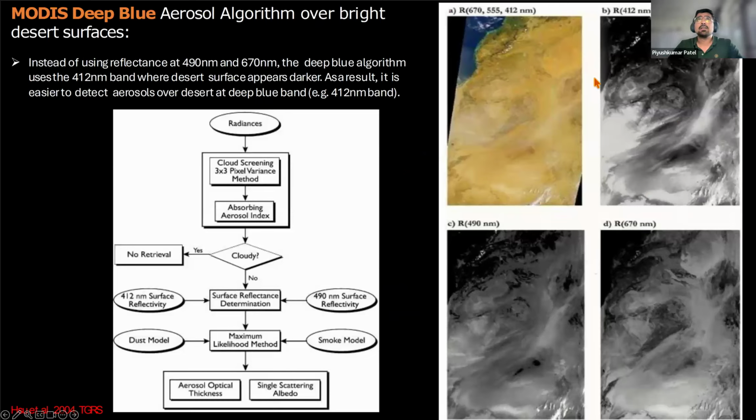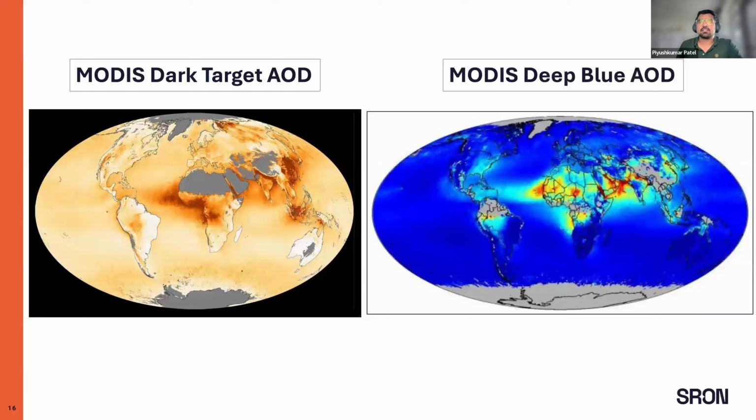In deep blue, they switched the one wavelength used in dark target, which is 490 nanometer, to 412. If you see the right side picture, at 412 you can see some aerosol features over the land surface which you can't see in the 490, which is just down to the RGB picture.